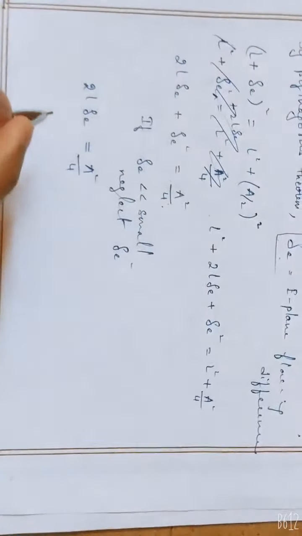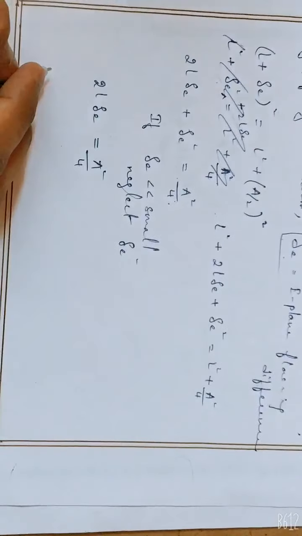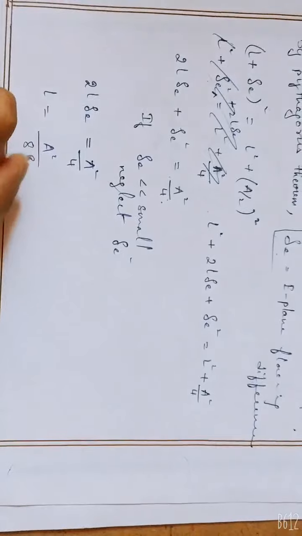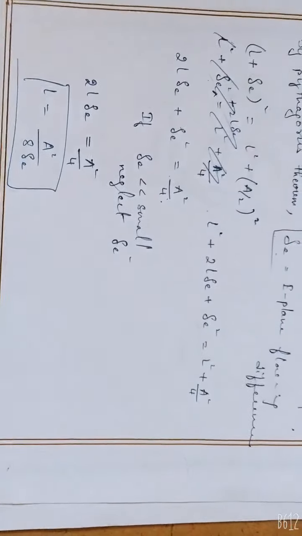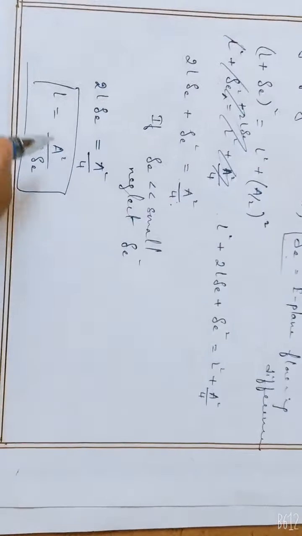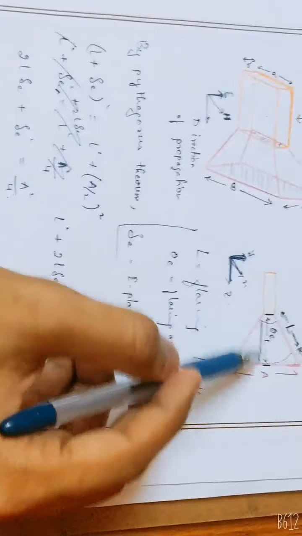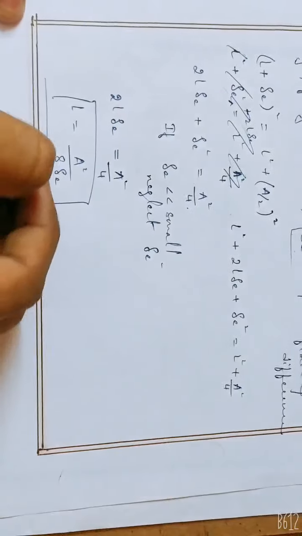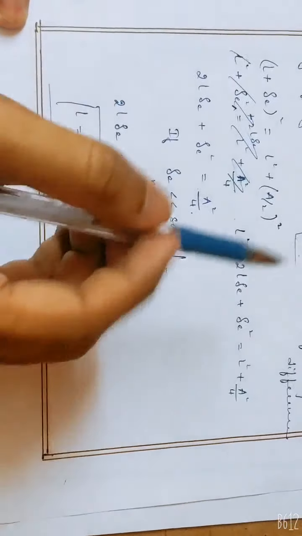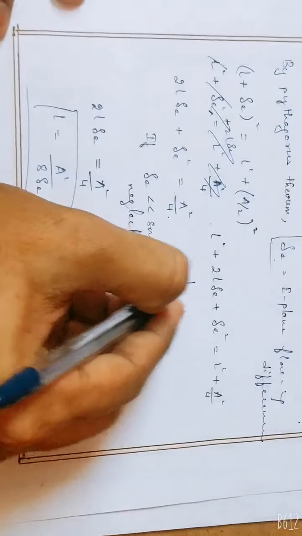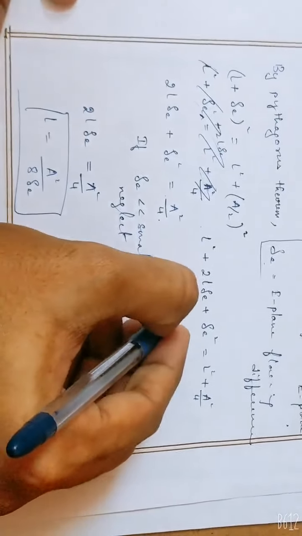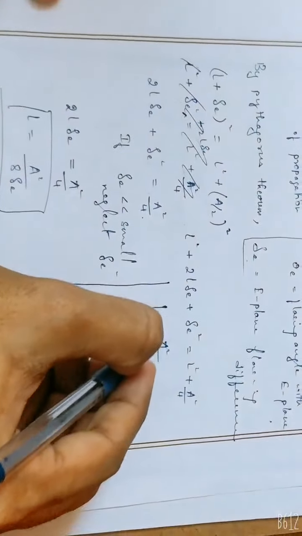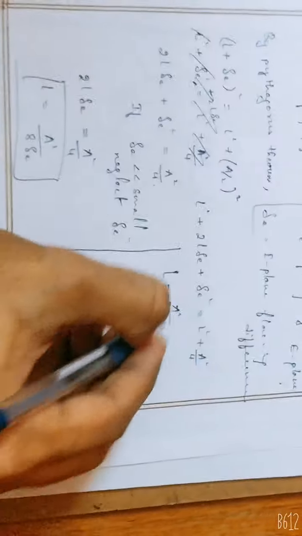From here we can say L equals A square by 8 delta E. So here we have found the length of this distance from the waveguide to the flaring. This was the length with respect to the electric field. If we consider the magnetic field, the length L equals A square by 8 delta H.